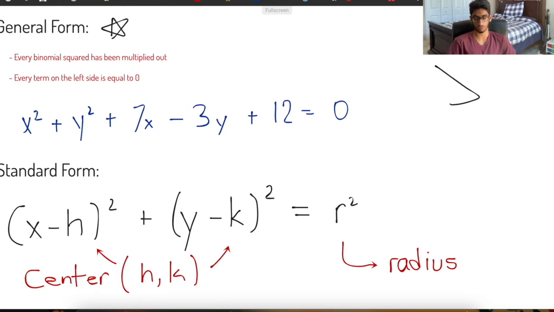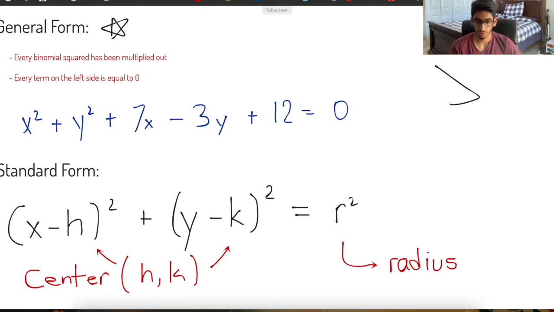But in general form, there's not a set formula or a way to write it. There are going to be multiple ways, because the values of h and k are going to be different, so there are going to be different numbers. We're going to be focusing on general form. In general form, every binomial squared has been multiplied out.